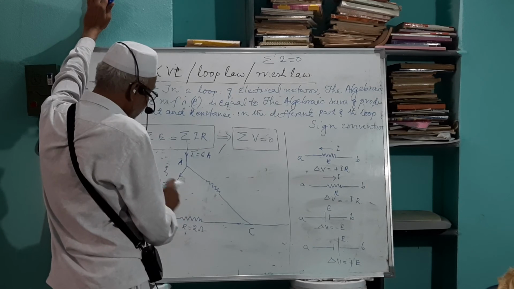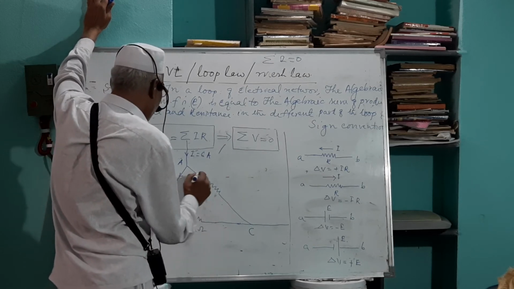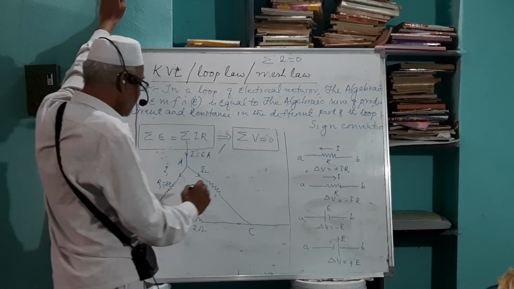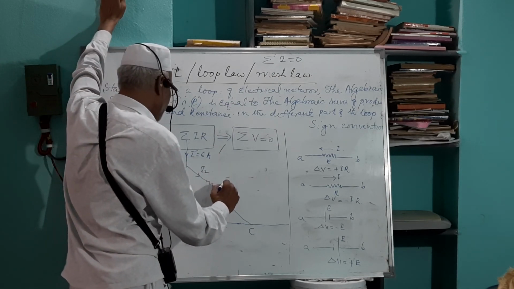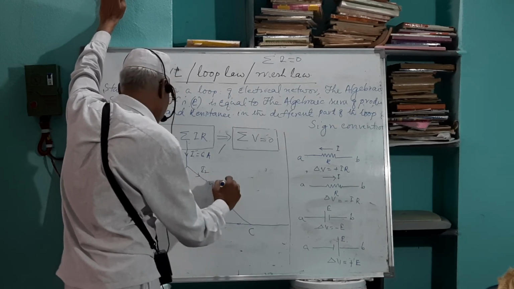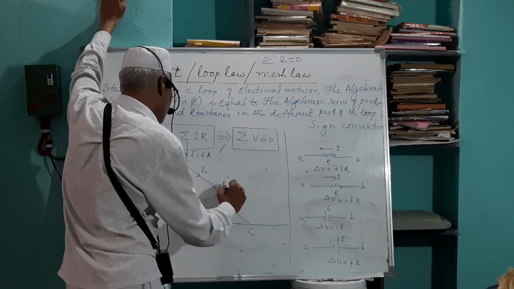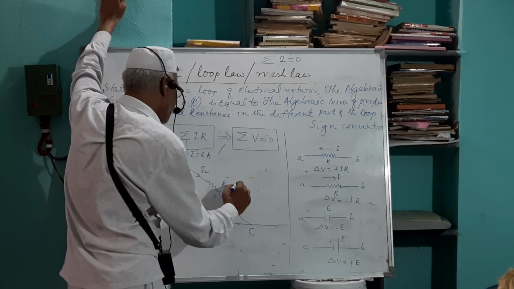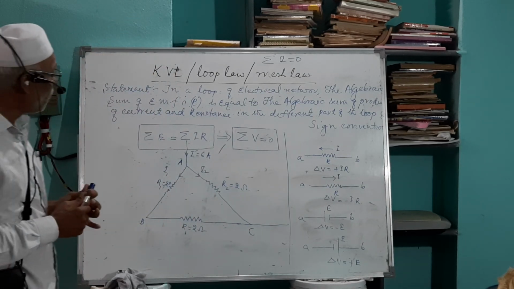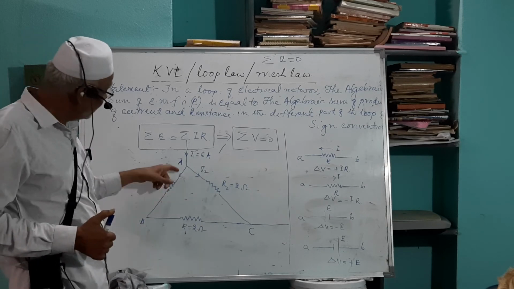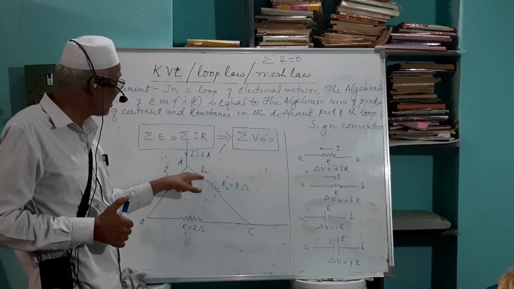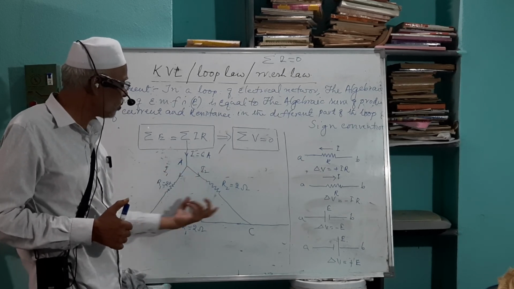In this AC branch, the resistance is R2, whose resistance is 2 ohm. Now the question is how much current is flowing in each branch. These are I1 and I2, the branches of this closed loop.